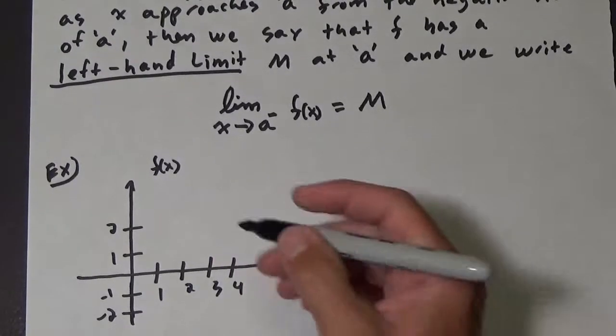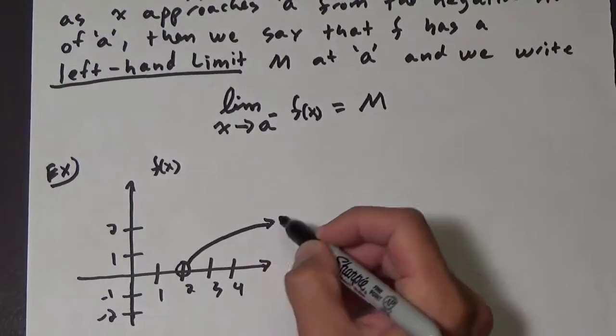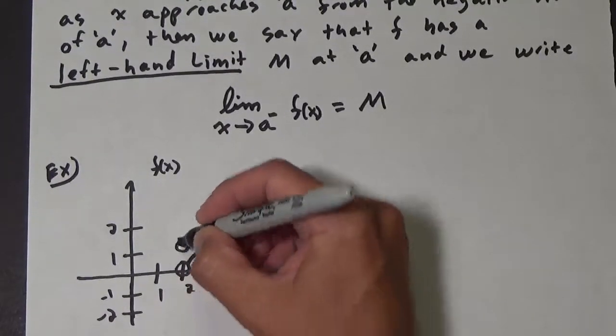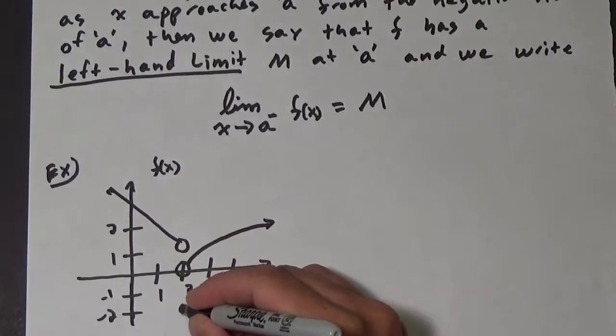We have a circle here, go this way, circle here, this way, dot down there.